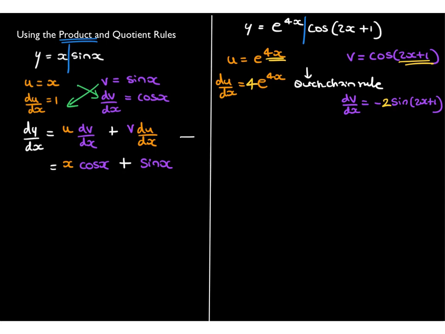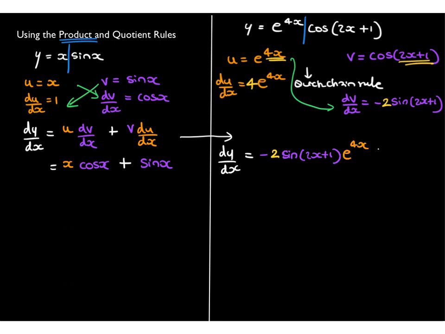So we have the product rule written out already. So dy by dx is u multiplied by dv by dx. So let's start putting all of that together. So that's negative 2 sine 2x plus 1 multiplied by e to the power of 4x.